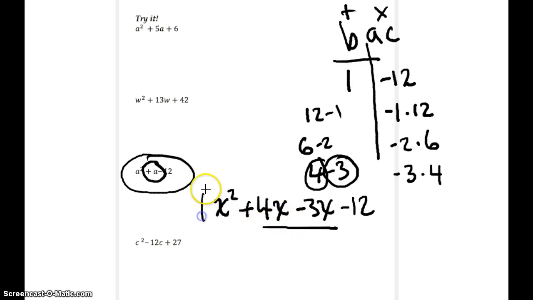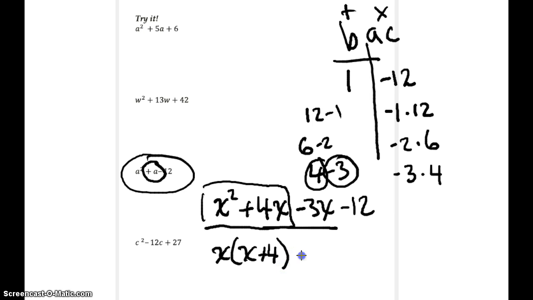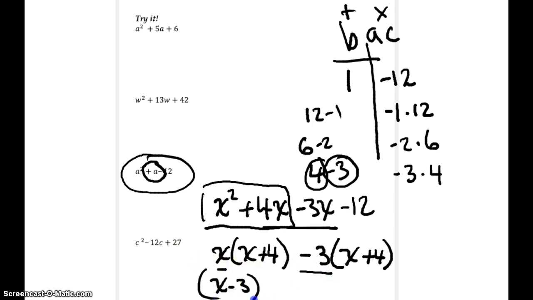I look for the common factor now by grouping x and x plus 4 minus 3 times x plus 4, and then I finally write it out, x minus 3 times x plus 4. And obviously I could check my answer by using the box method or any other method.